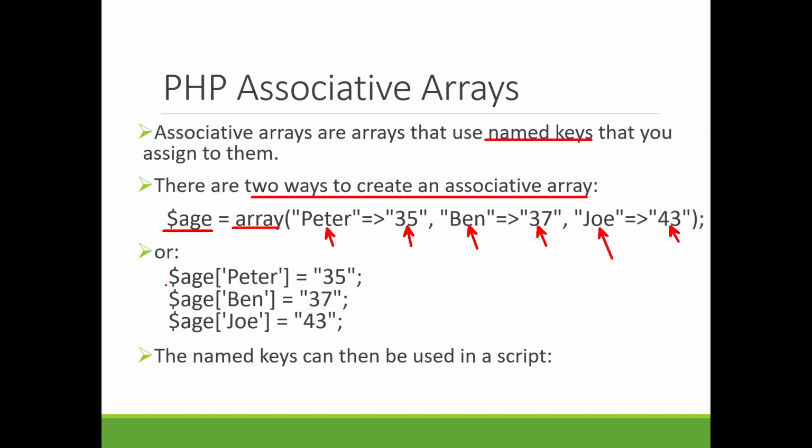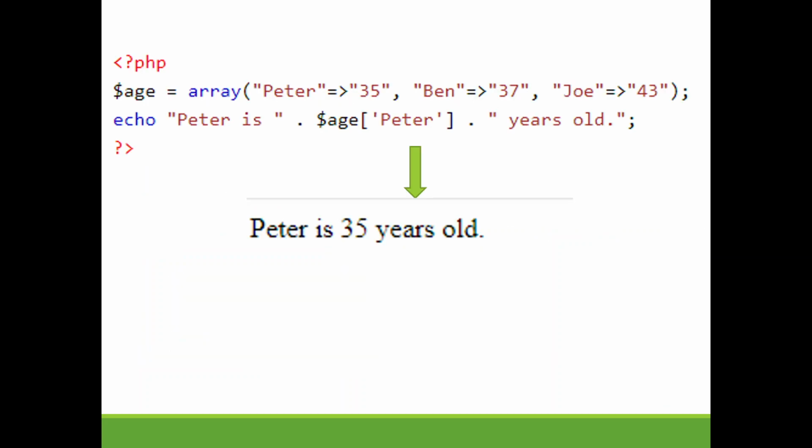Alternatively, you can create it like this. Peter, then you assign it. Ben, then you assign it. Joe, then you assign it. Okay, so this is an example of an associative array we've just created. And if we want to print the age of Peter, we can do it like this: echo.